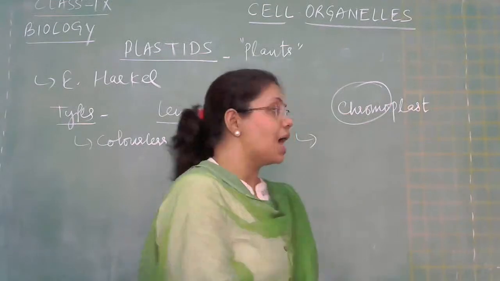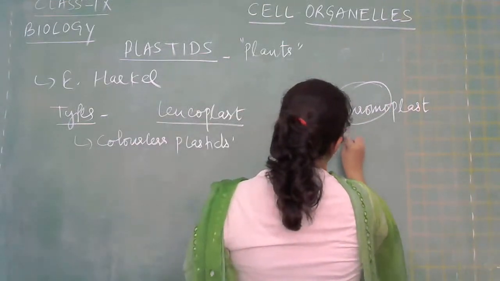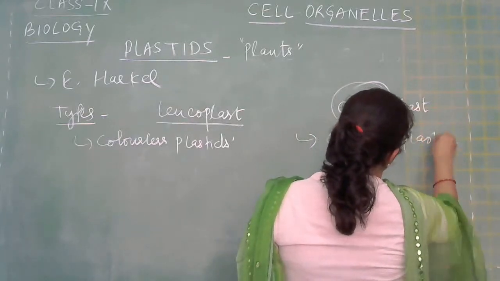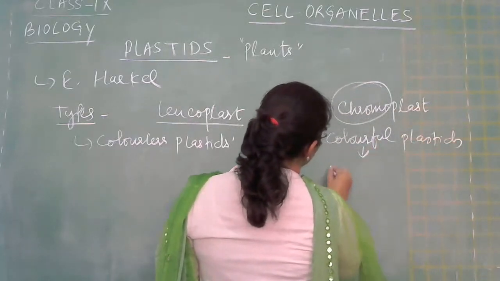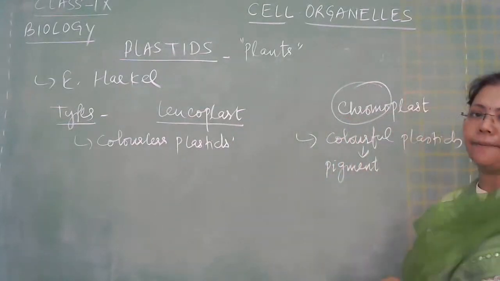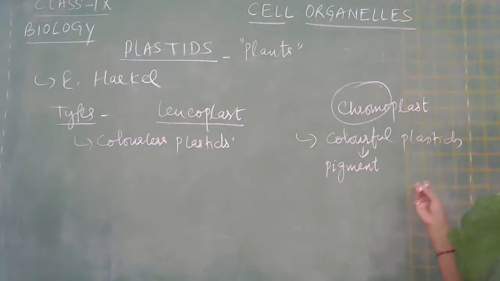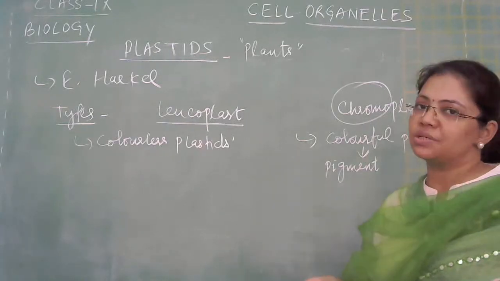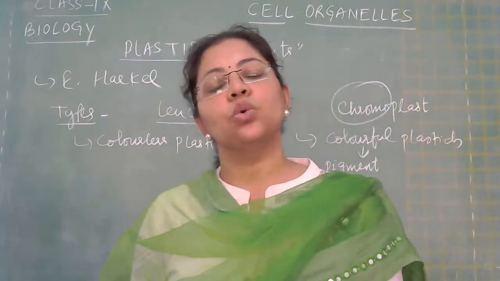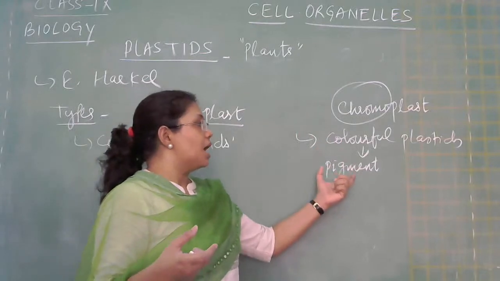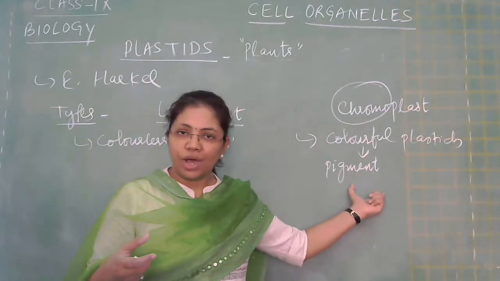It means those plastids which are colorful. Colorful plastids means these plastids contain a pigment in them, and that pigment is responsible for imparting them a particular color. So we say that chromoplasts are colorful plastids, right?